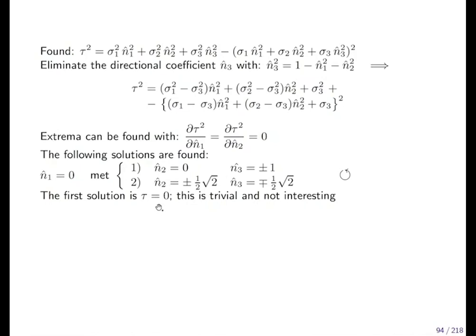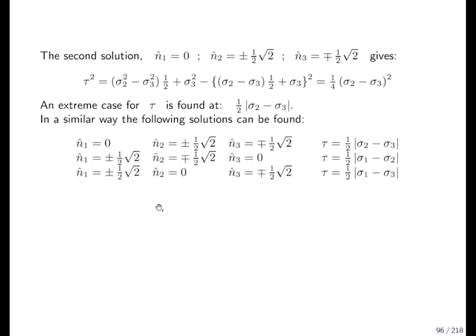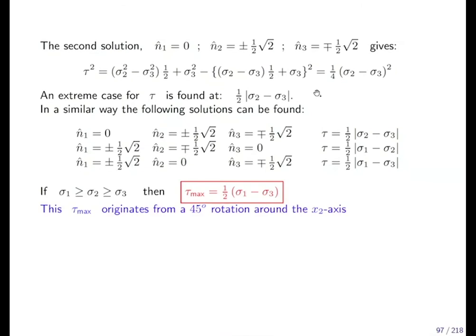We want to have either positive or negative values, and the second solution gives you something which looks like tau equals sigma 2 minus sigma 3, tau equals sigma 1 minus sigma 2, tau equals sigma 1 minus sigma 3. These are all the three possible differences between eigenvalues. And this is coming from the solution to the extremes.